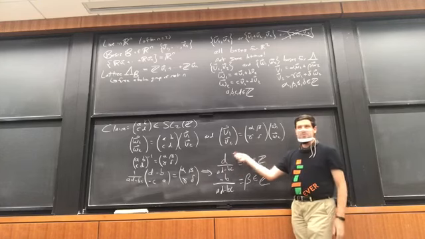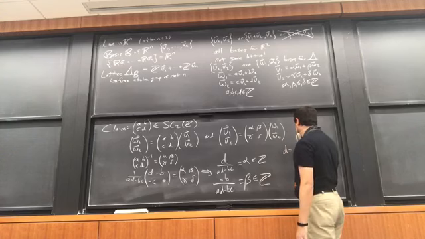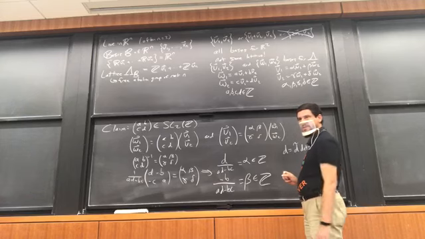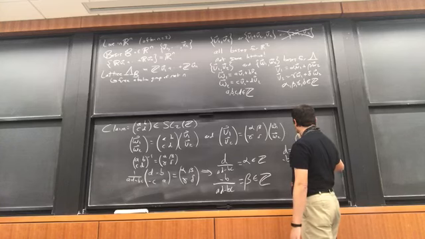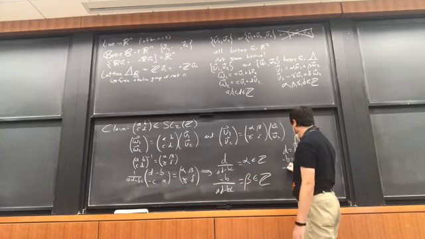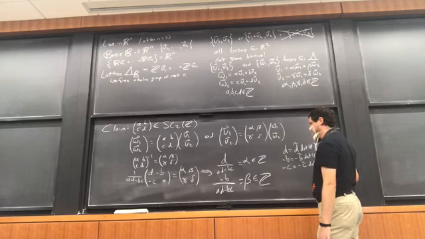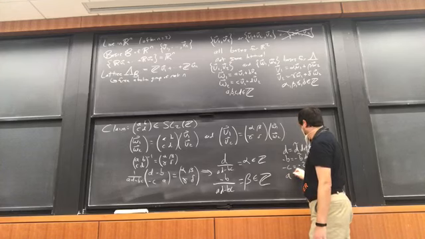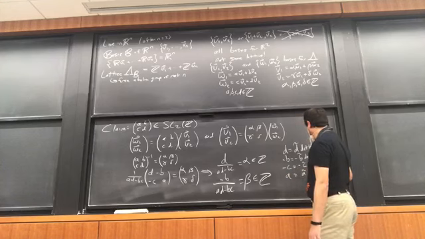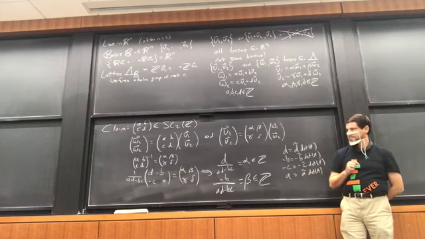Then it would have to divide D, so D would have to be a multiple. So we could say, let's let D equal D tilde times the determinant of A. And then similarly, negative B would be negative B tilde times the determinant of A. Negative C would equal negative C tilde times the determinant of A. And then A would equal A tilde times the determinant of A. Yes?